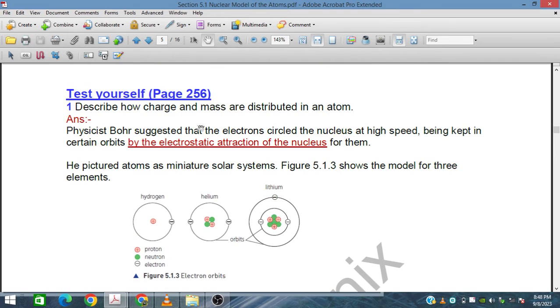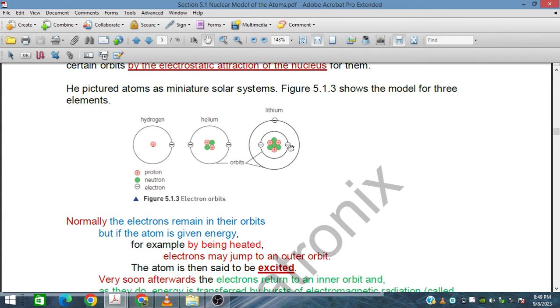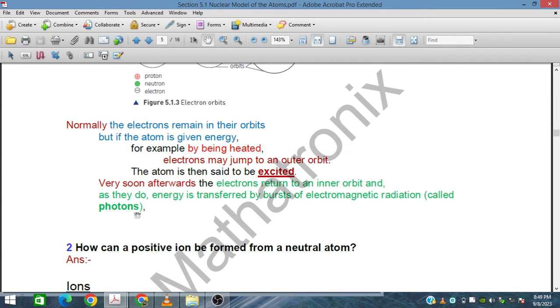This is how charge and mass are distributed in an atom: the mass is concentrated inside the nucleus, and the electrons outside orbit due to electrostatic attraction. When an electron gets energy, it moves to the outer orbits, and once it releases energy, it is released as electromagnetic radiation or photons.